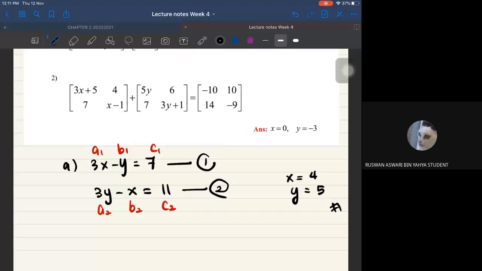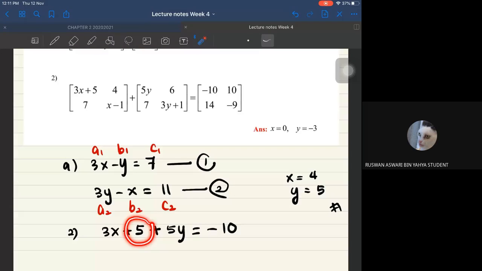Cuba buat nombor 2 ni. Okay, for number 2 here, saya bagi satu contoh. So the first one you will have 3x plus 5 plus 5y is equals to negative 10. So 5 ni, nombor ni, value ni, you bring to the right hand side.